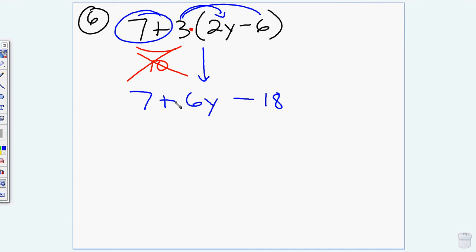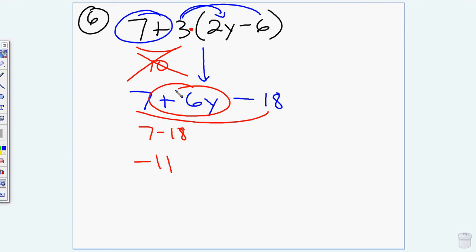Don't I need to combine the 7 and the negative 18? What's 7 minus 18? It's negative 11, isn't it? Isn't 18 minus 7 11? So this will be negative 11, and then you still have this plus 6y. There are a few problems on your assignment tonight like that.